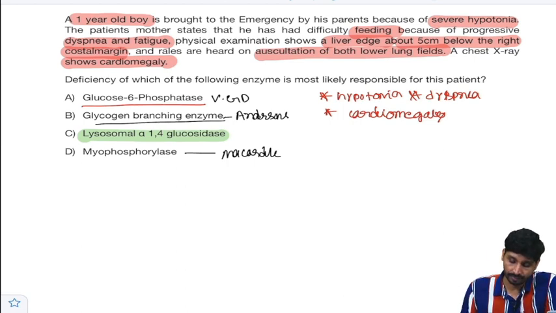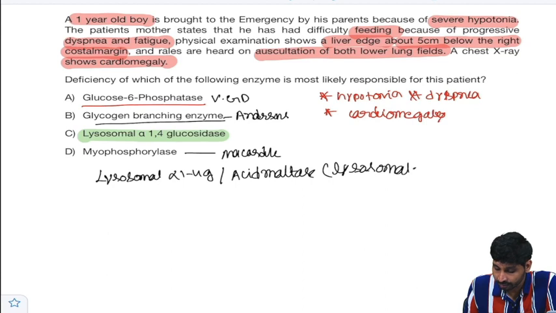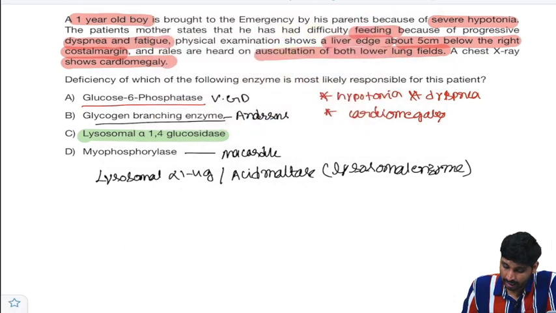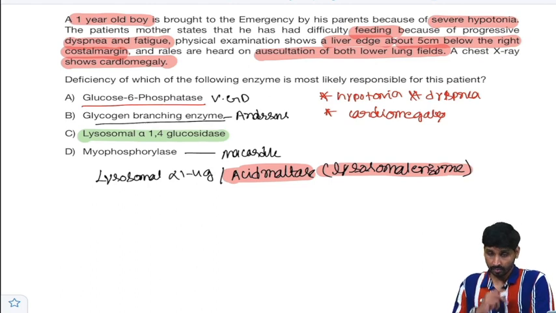This lysosomal alpha-1,4 glucosidase enzyme is otherwise known as acid maltase. Remember, it is a lysosomal enzyme. The defective organelle will be the lysosomes, with accumulation of glycogen in the lysosomes.